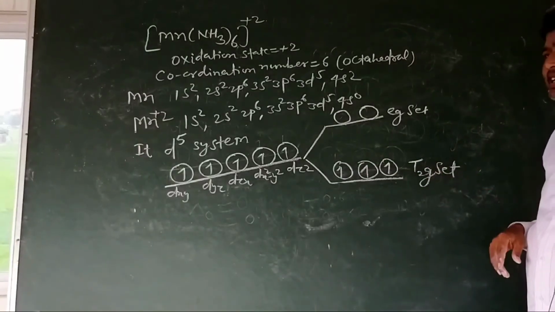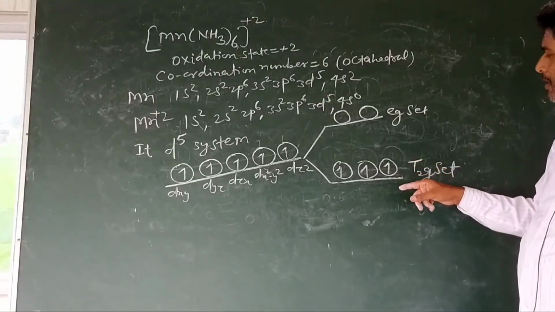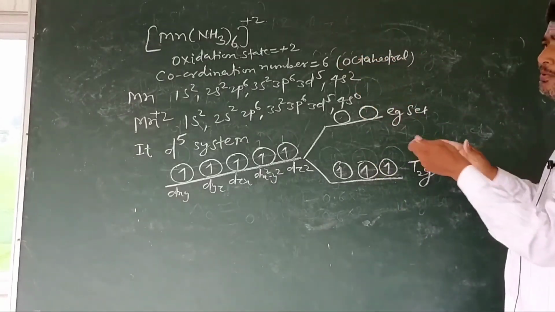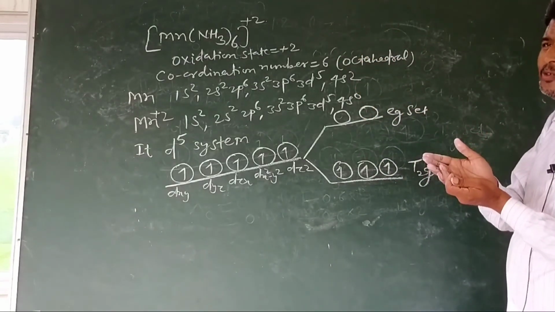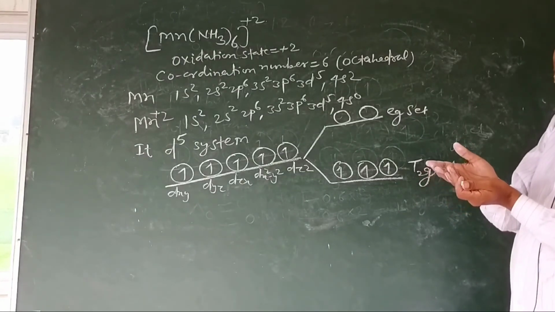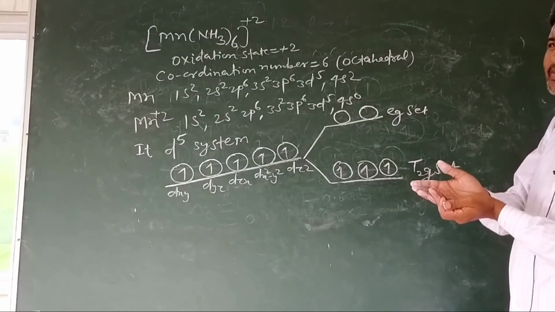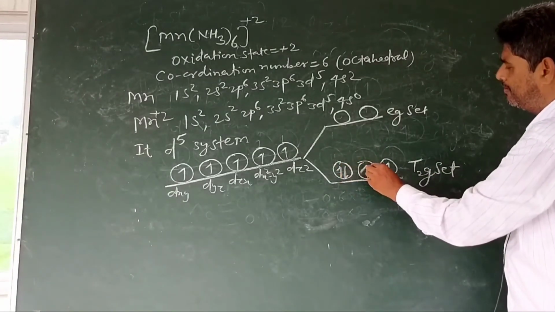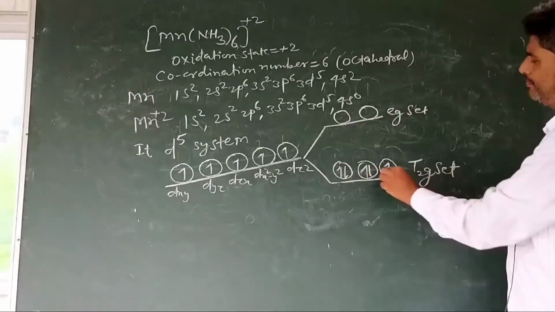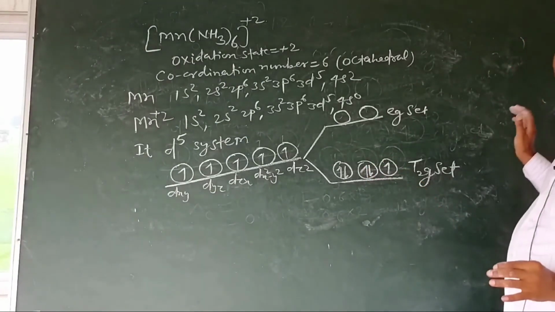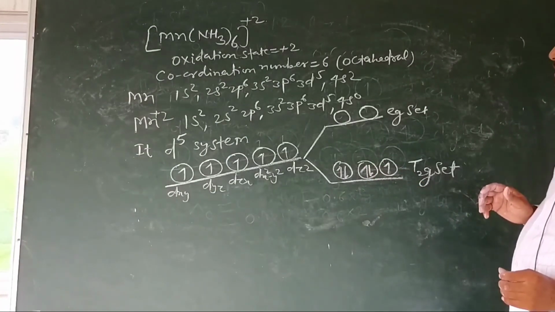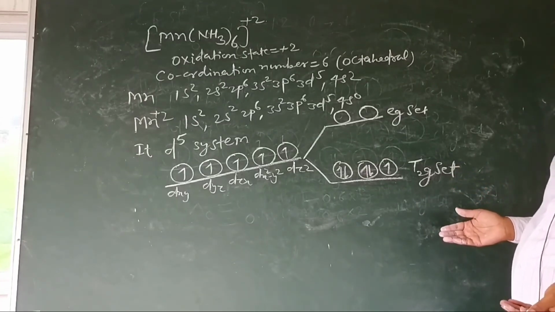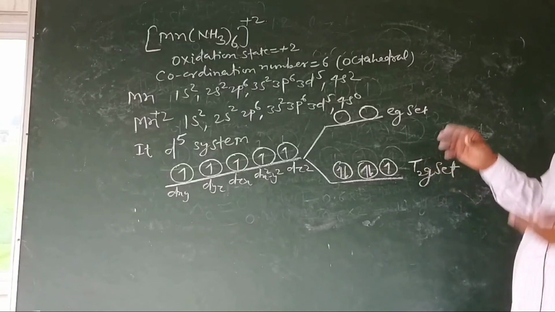We have only 2 electrons, so we may form only 2 pairs: the one pair, the second pair. We have no further electrons, so the process stops.